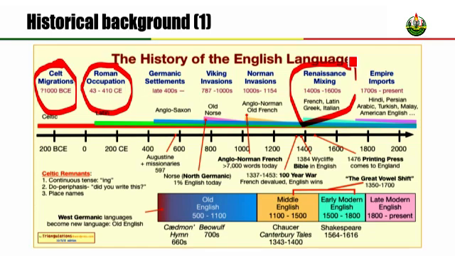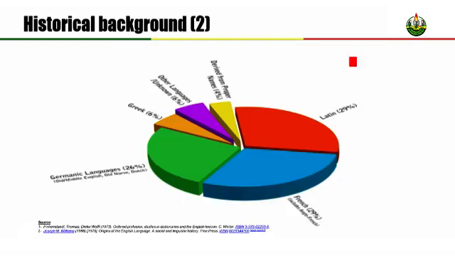So, when we take the actual form of the English language we are using, we have to know that it has to pay a tribute to those different languages: German, French, Latin, Greek, Celtic, Italian, etc. Facts.